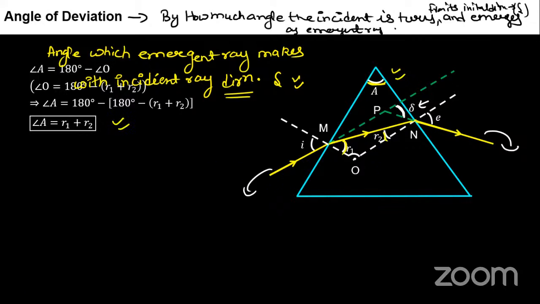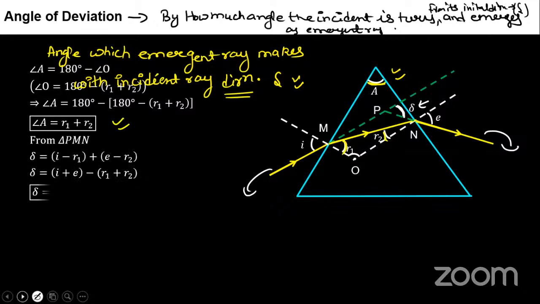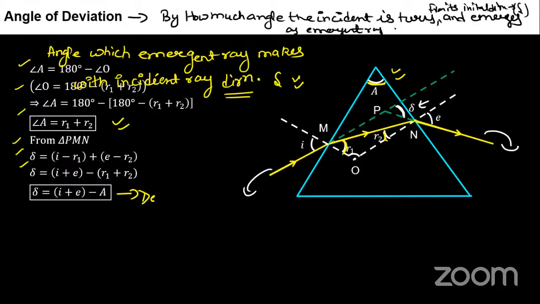Once we get this, we get the angle of deviation. So remember this formula directly, no need to get confused in these things. This is just for your conceptual clarity. If anybody wants the derivation, they can see it on the PDF. So from this, you get the angle of deviation as this.